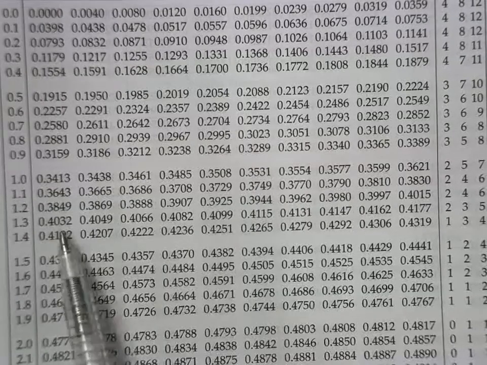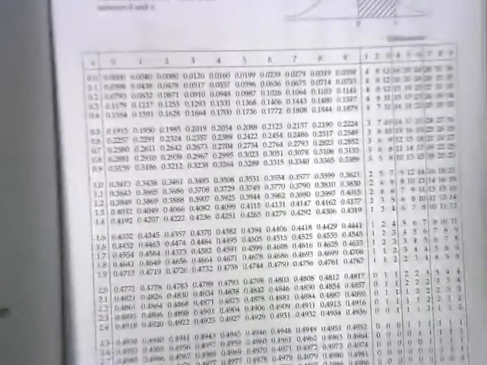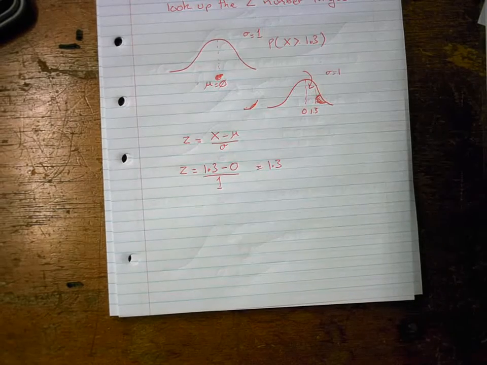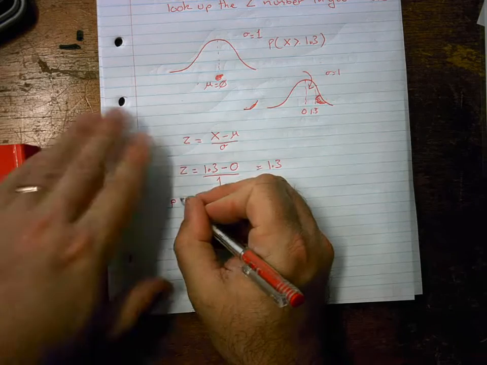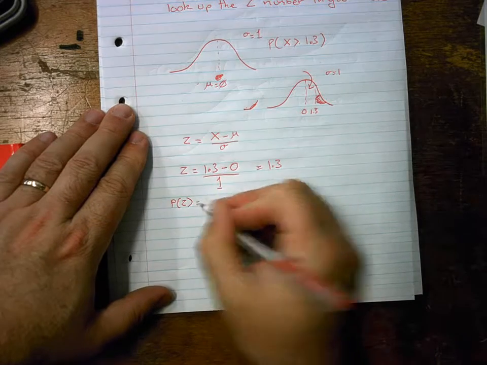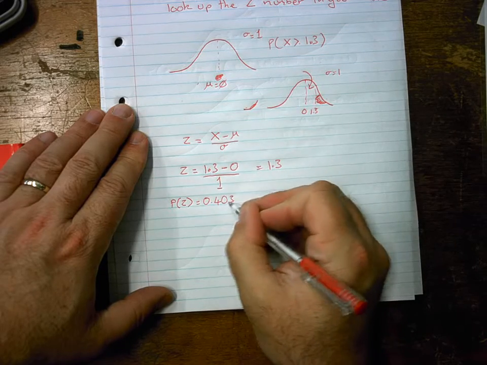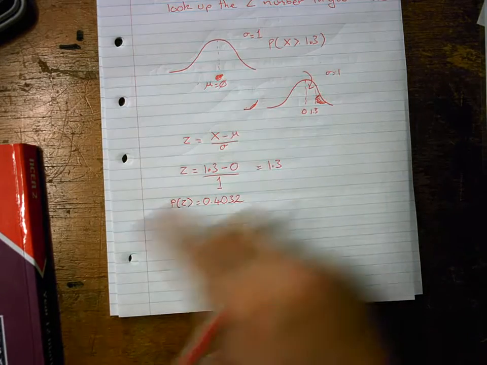Okay, I'm going to zoom out again. So when I go back to my sheet, we can now say that the probability for that particular Z number is going to be 0.4032, I think we said. Now, what probability is that?